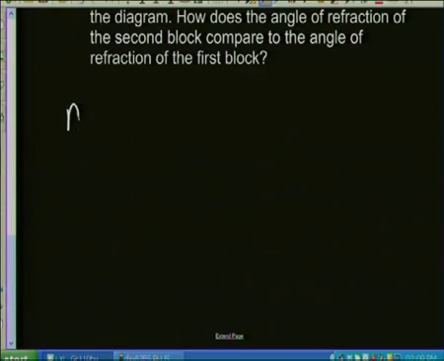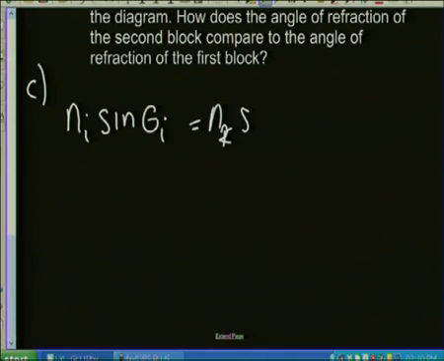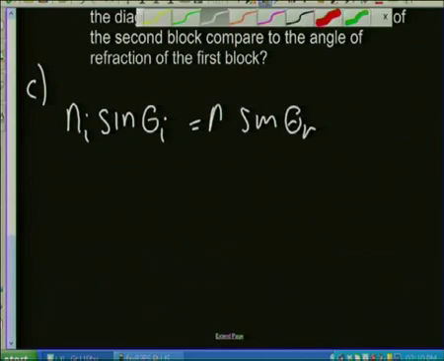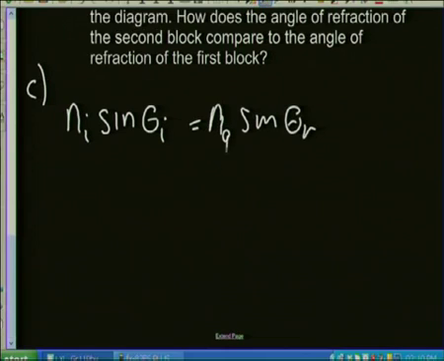We recognize that we've got n1 times sine theta i, this is for part c, is equal to n2, the second material, times sine theta r. In fact, if I wanted to be really correct here, I would not just do any arbitrary thing. I want to make it clear what I'm doing. I'm going to put a G for glass, and I'm going to put an A for air. Could even write in the word air there.